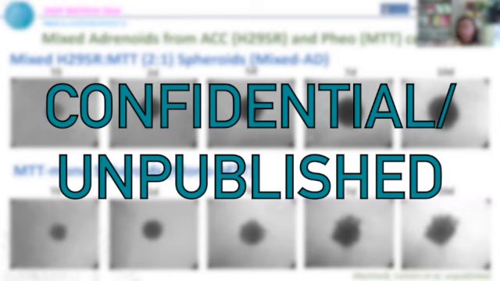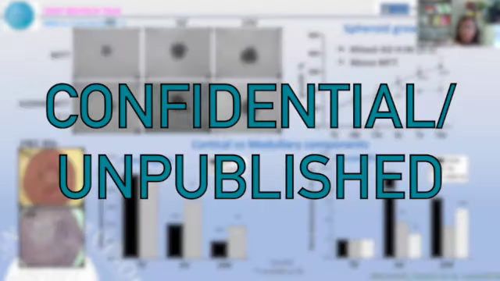You can see here that the mass is actually growing better, and it is more defined compared to the monospheroids obtained only from culturing the pheochromocytoma cells.